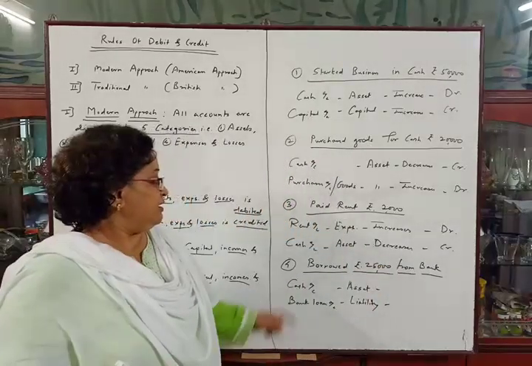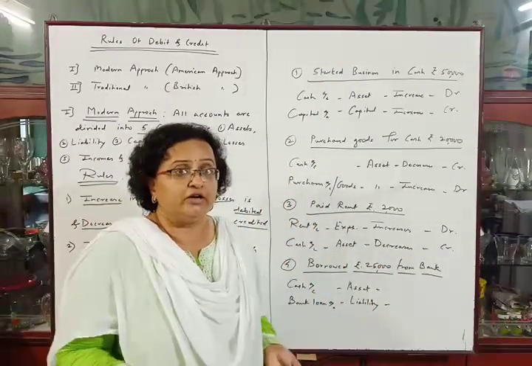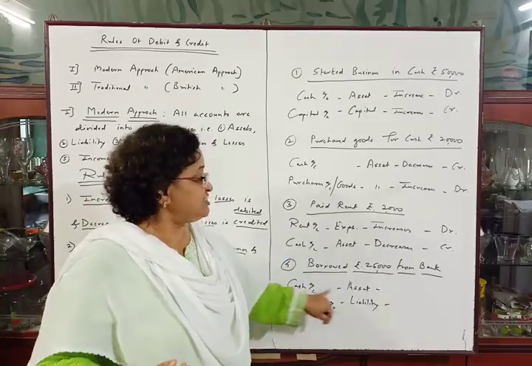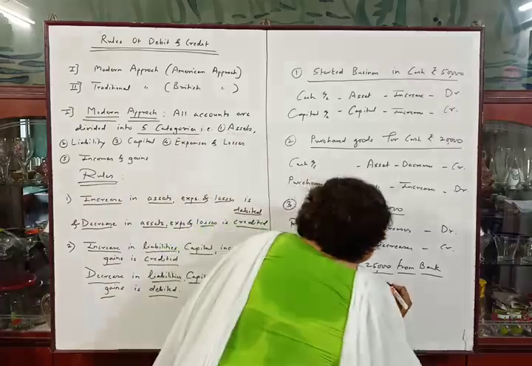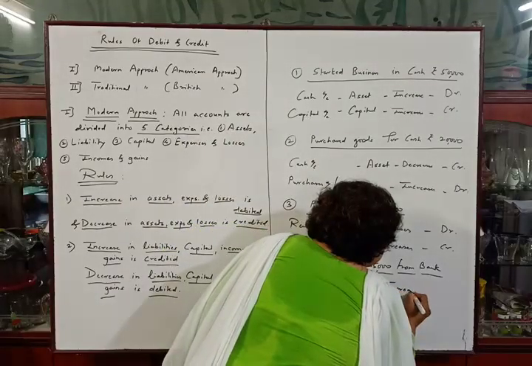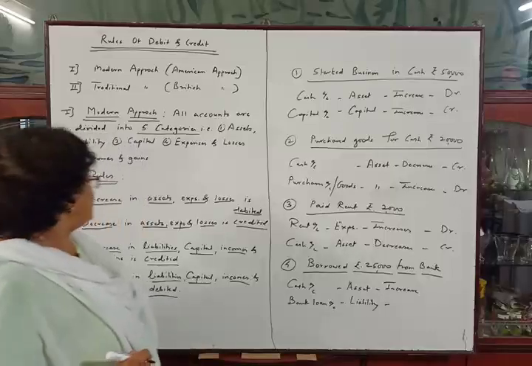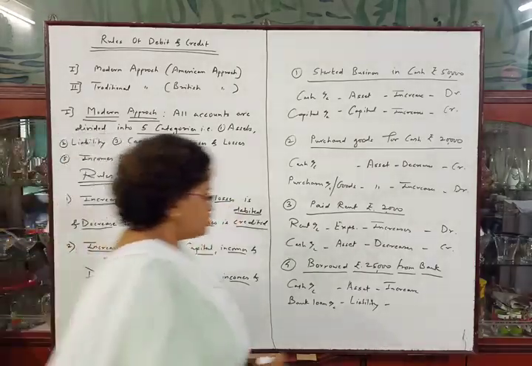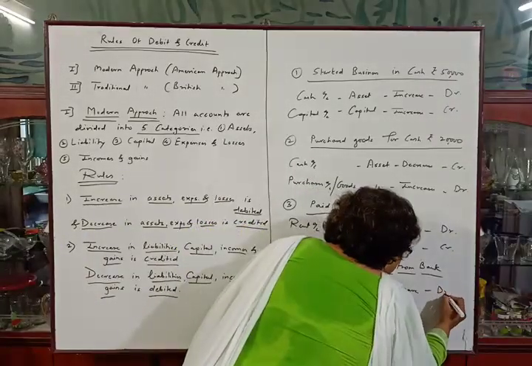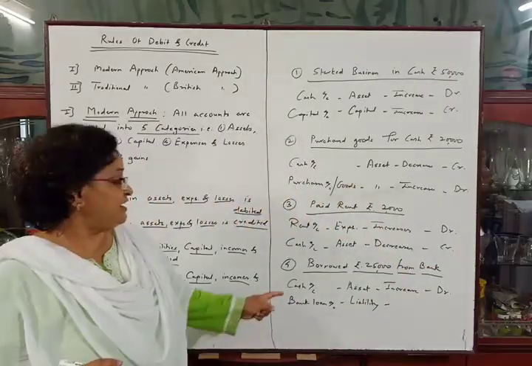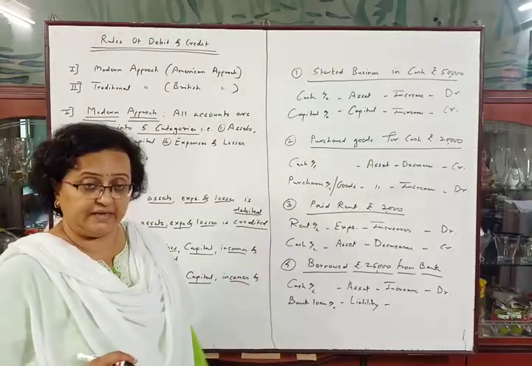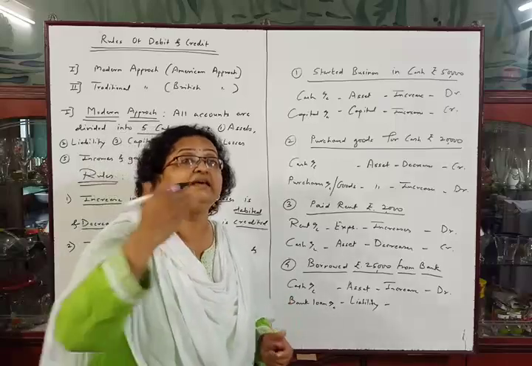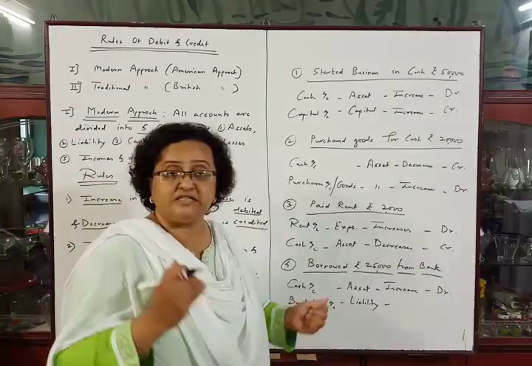See, I have already explained to you that when we borrow something, our cash is increasing. So cash increases. The rule says that increase in asset is to be debited. So we have to debit cash account here. And now the second account is liability. A new liability is created after this transaction.